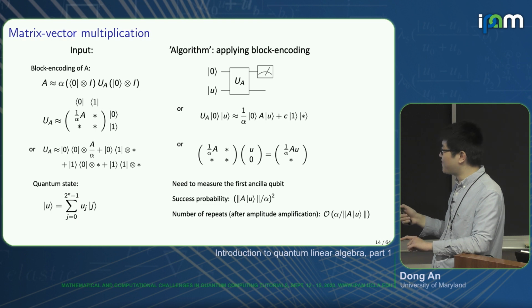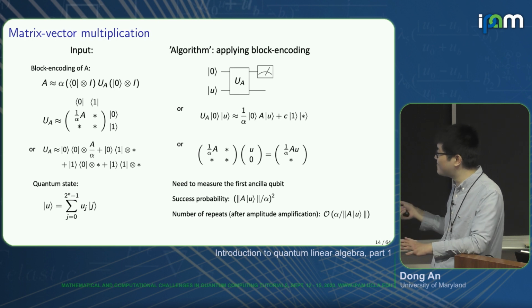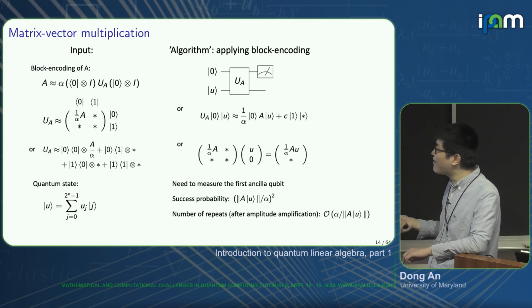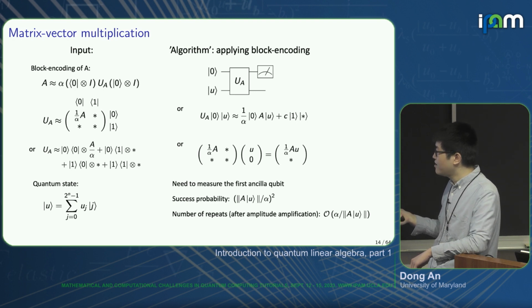Or equivalently, if you are not comfortable with this notation, then you can also think of this block encoding in the matrix vector language. That is, we have a block encoding A over alpha and some other blocks, and we have my quantum state |u>, but this |0> tensor |u> can be written as something like (u, 0), which is a 2 to the n plus 1 dimensional vector.